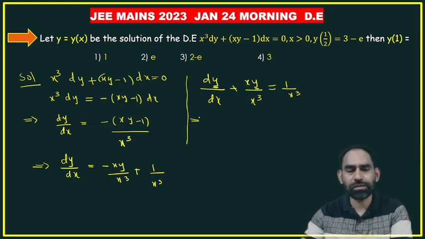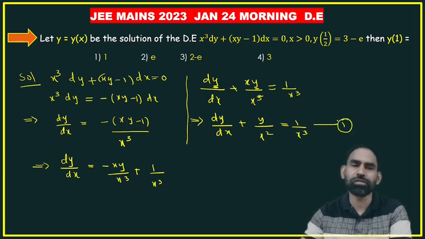This implies, here x cancels, dy/dx + y/x² = 1/x³. This is now equation number 1.